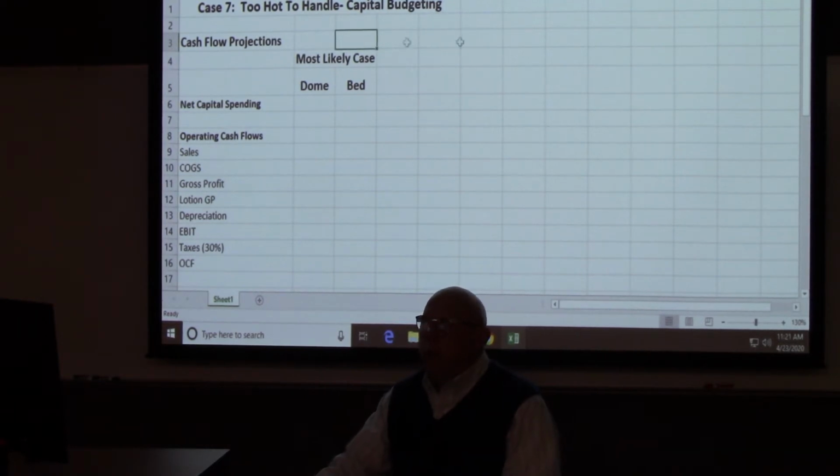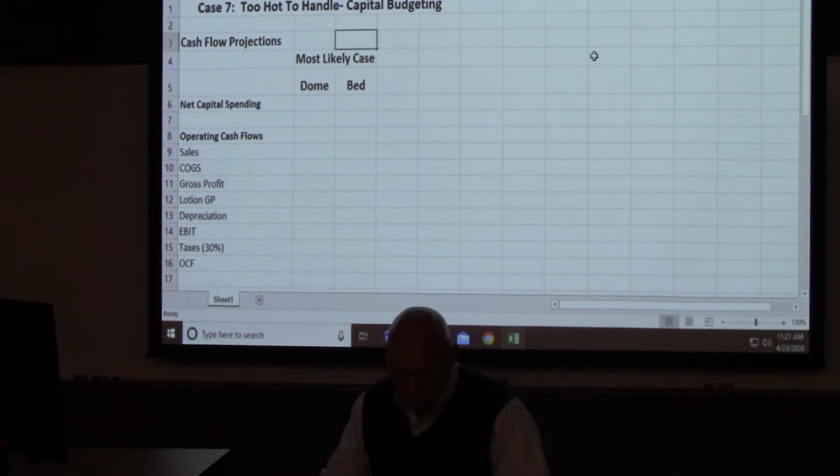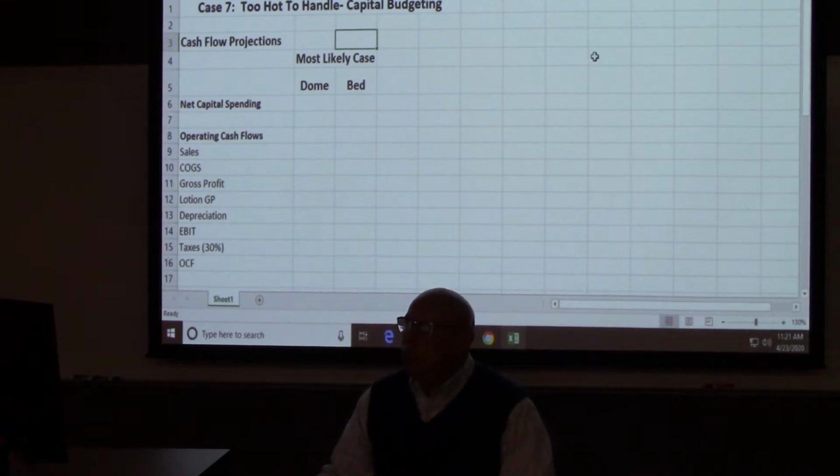So remember, there are 3 components to a project cash flow. First is the net capital spending, okay? And that is the money spent on property, plant, and equipment. Not patient protective equipment, but property, plant, and equipment.